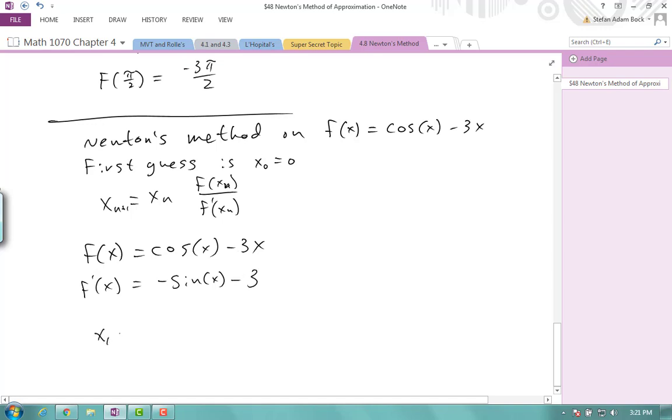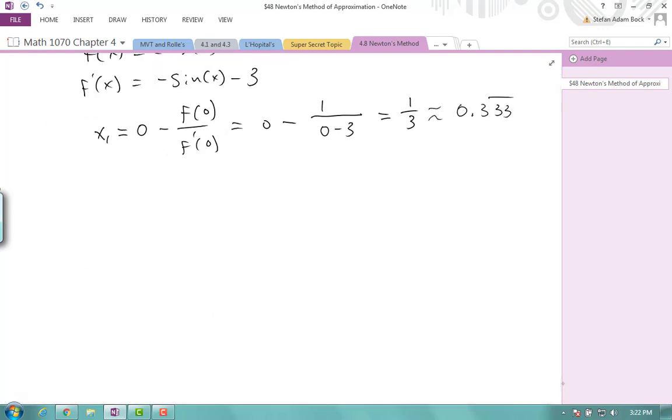So x sub 1 will be equal to x sub 0, which is 0, minus f of 0 over f prime of 0, which is 0 minus f of 0 is 1 minus 0, all divided by sine of 0 is 0 minus 3. So it looks like I get negative 1 over negative 3, which is positive 1/3. For decimal values, just so that I can compare later, this is 0.3 with repeating 3's.